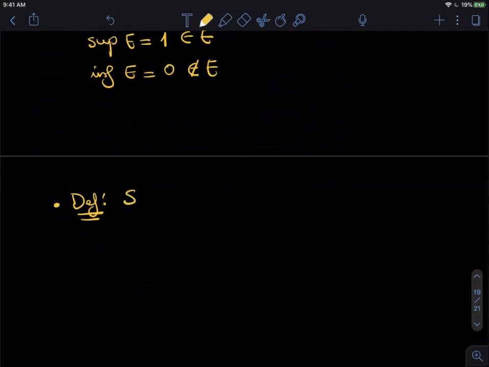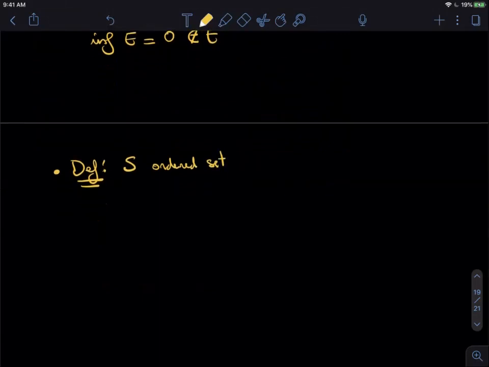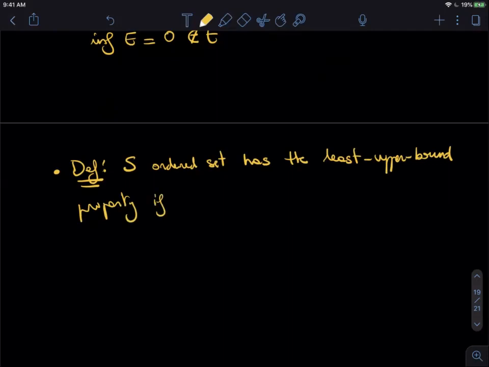So let's say that S is an ordered set. It has the least upper bound property if the following is true.